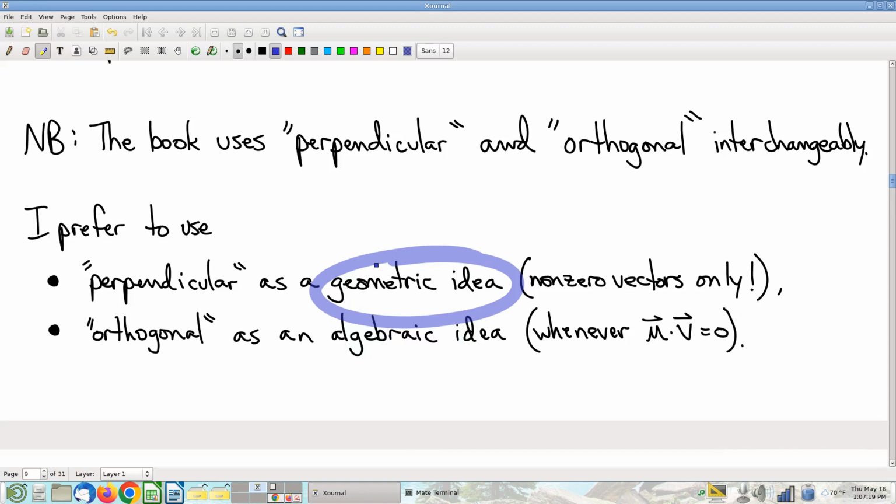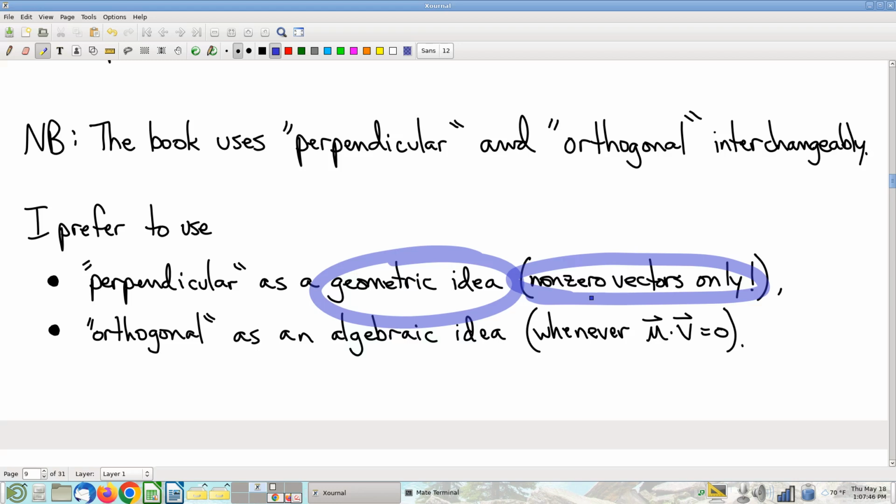So that's an intrinsically geometric idea because it's about directions and angles. Very importantly, only non-zero vectors actually define directions. You can't ask me what direction the zero vector points. It doesn't point. It has no length with which to point. Does that make sense?